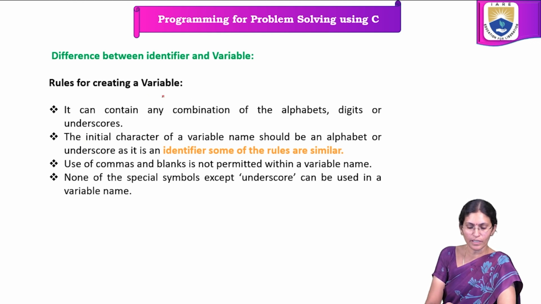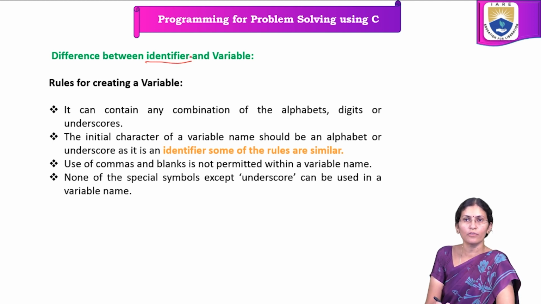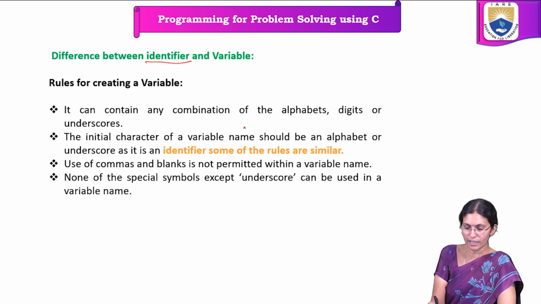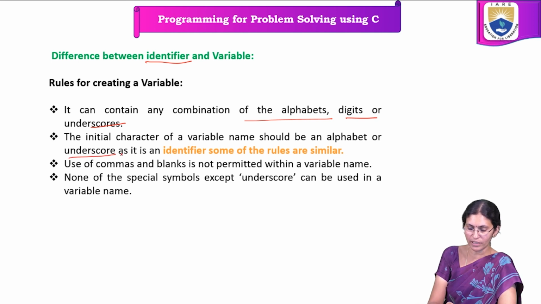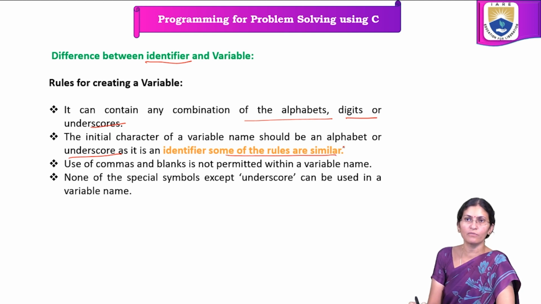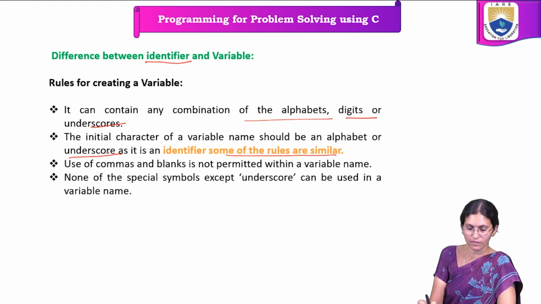Next, the rules for constructing a variable are the same as we have seen for identifiers. It can contain any combination of alphabets, digits or underscore. The initial character of a variable name should be an alphabet or an underscore. Some of the rules are similar for both identifiers and variables.